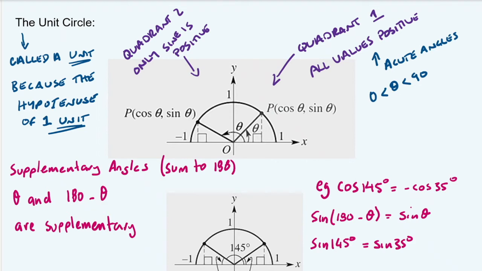For the obtuse angles, which is going to be 90 degrees less than theta, which is less than 180 degrees, that's when you're going to get only sine being positive. Now this is a big mishmash of wonderful things. Let's jump into the exact values part of this video.